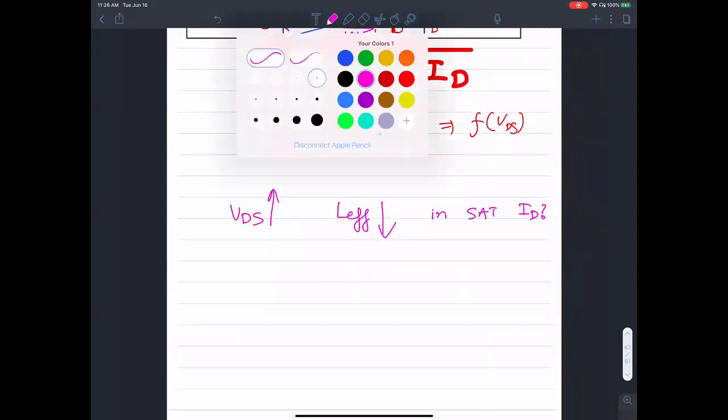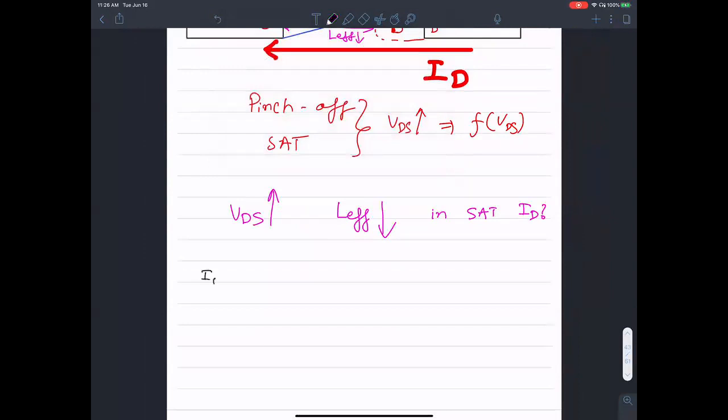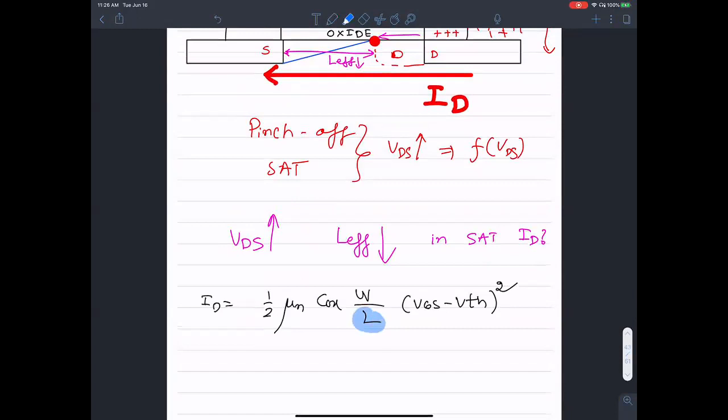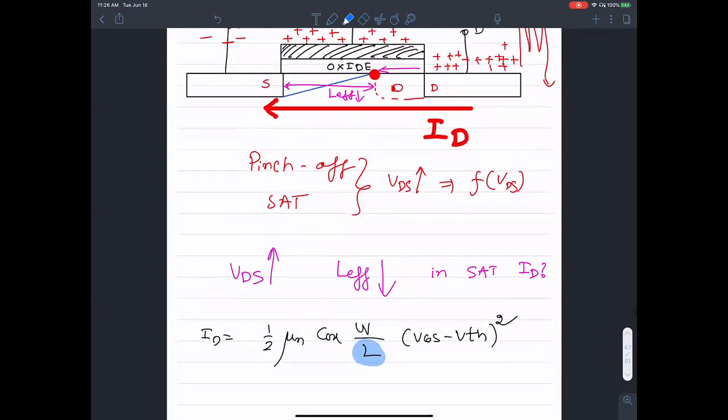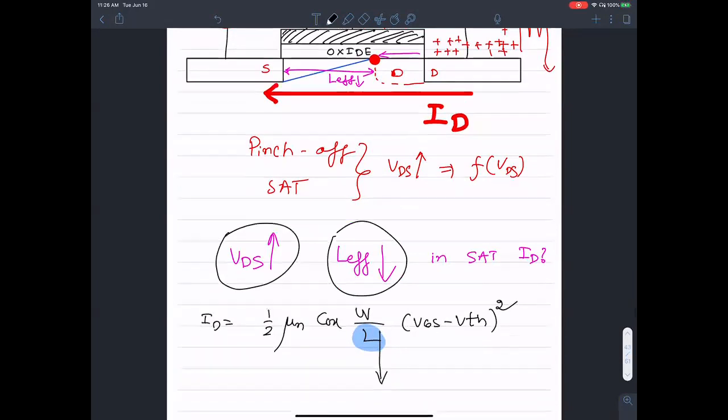If you look at the expression for ID, it is 1/2 mu n C oxide W over L, VGS minus VTH the whole square. Earlier I thought the L was constant, but because of this pinch off moving closer to the source, as VDS increases, the L effective, this guy, decreases.